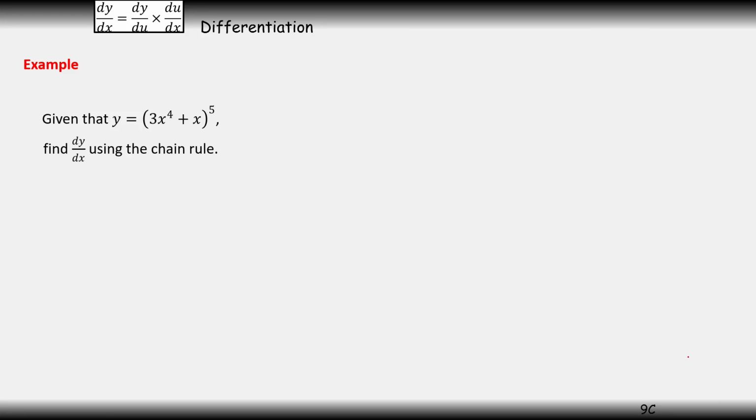Right then, let's have a look at this example here. We've got, given that y is equal to (3x to the power of 4 plus x), all to the power of 5, find dy over dx using the chain rule. Let's do that. So y is equal to (3x to the power of 4 plus x), all to the power of 5.